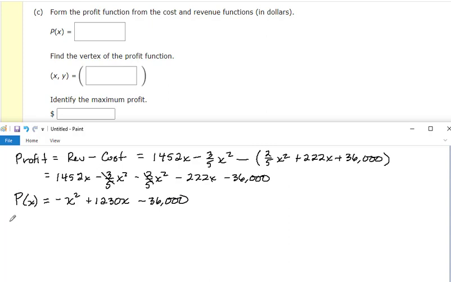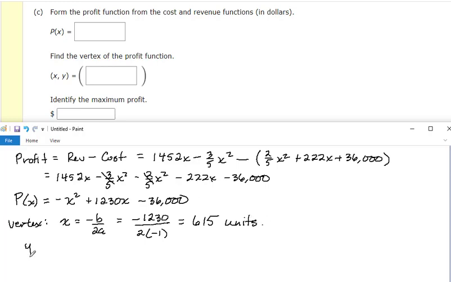Find the vertex of the profit function. The vertex happens at negative b over 2 times a. Now I take the b for the profit function, 1230, over 2 times a for the profit function was negative 1. The vertex is at 615. That's the x-coordinate, which is units. To find the y-coordinate, I take that 615 and I plug it back into the profit function.